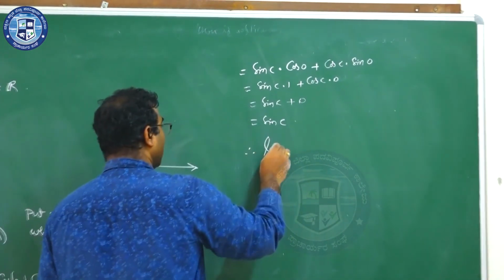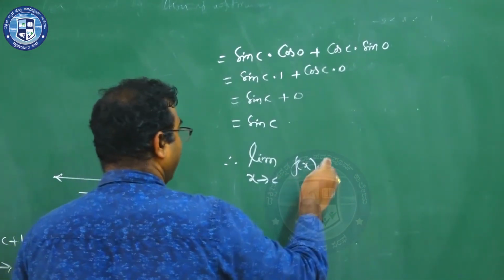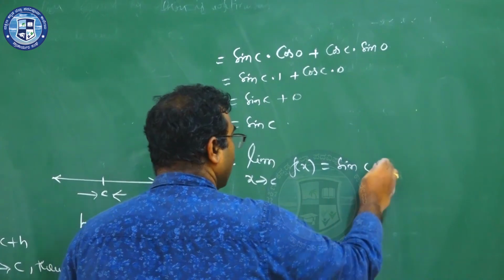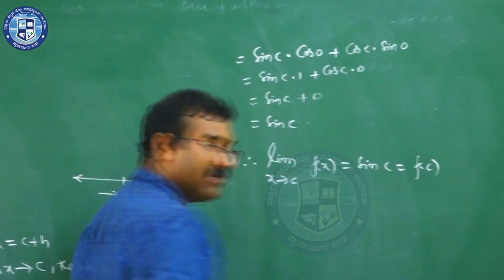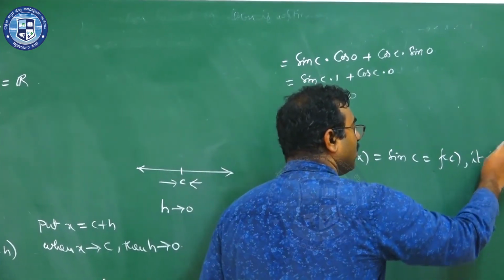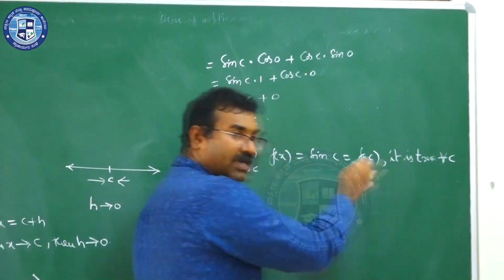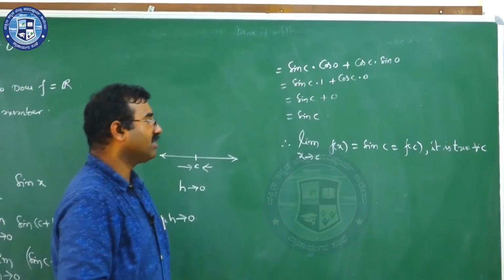Therefore, what we got is limit x tends to c of f(x) is sin c, which is the same as f of c. It is true for all c, that means c belongs to R, the entire real number system.